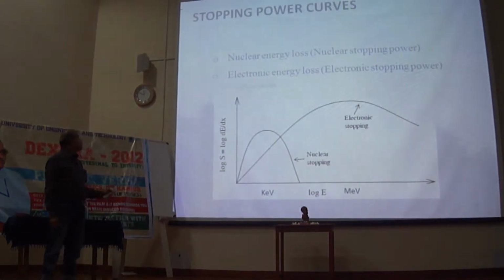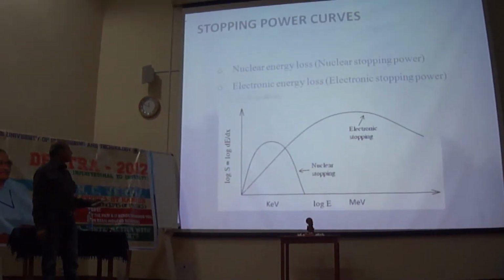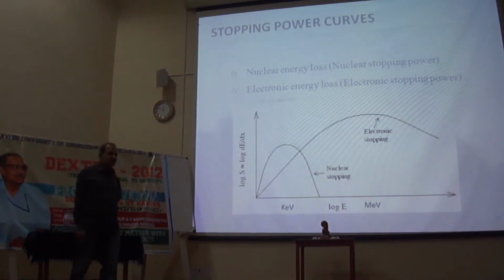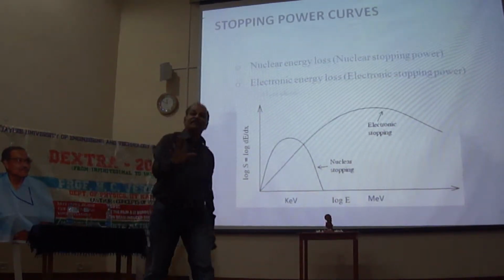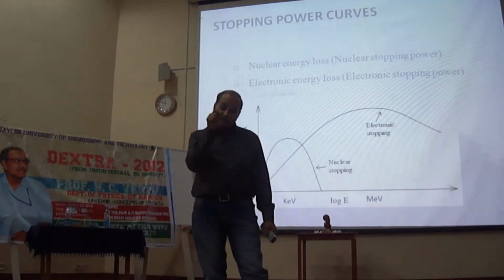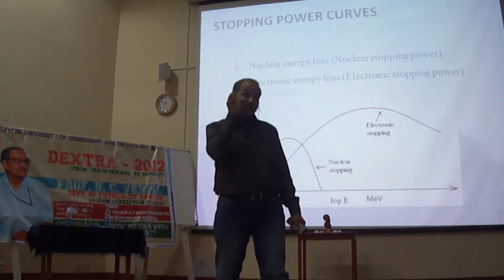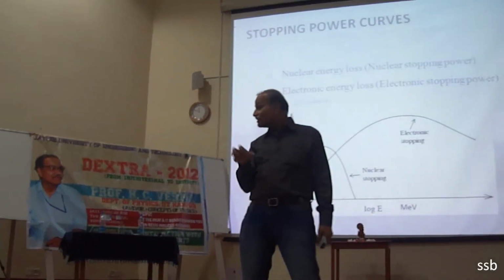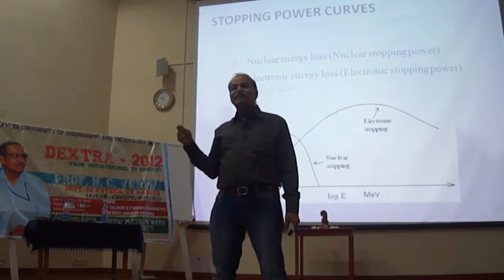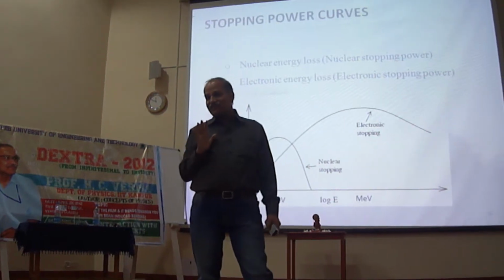And essentially these are the two processes. One is called nuclear energy loss, one is called electronic energy loss. These ions, when they are going and hitting the target material, can hit the nuclei of the target material, or they can just hit the electrons.